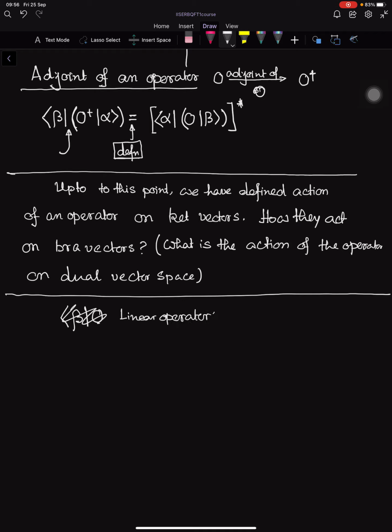So for linear operators, beta U is defined in that way.